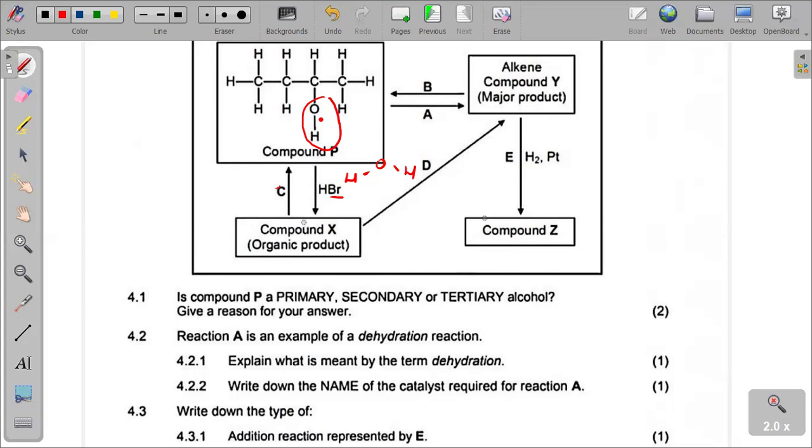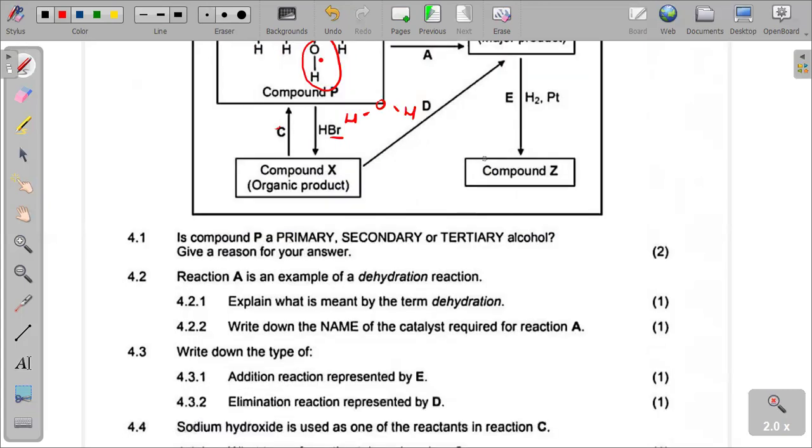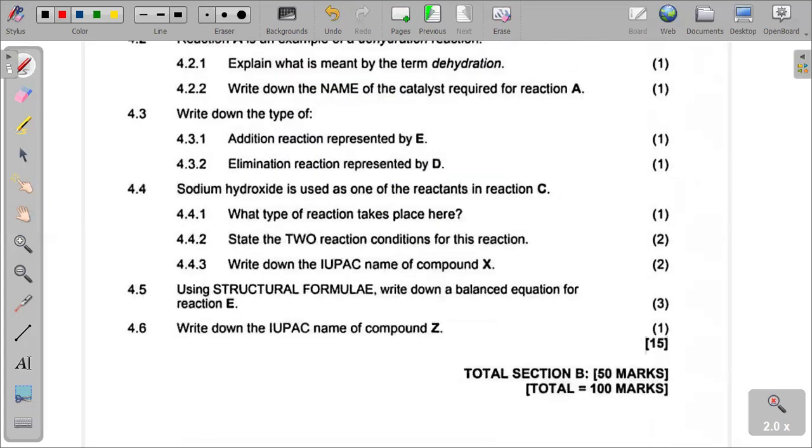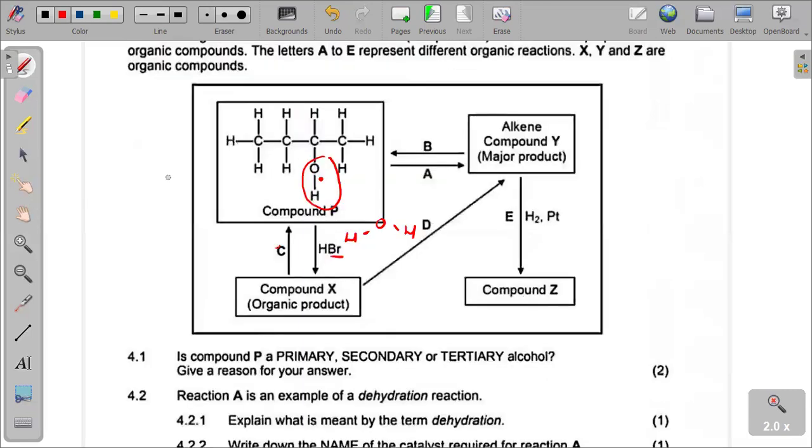So with that in mind, the IUPAC name of that compound X is going to be 2-bromobutane. Why? Because this alcohol here is butan-2-ol.